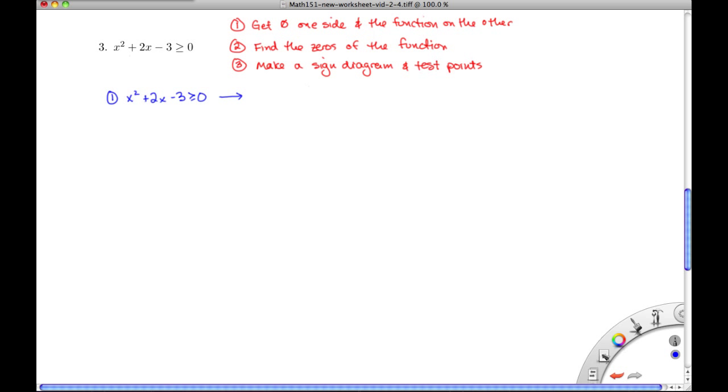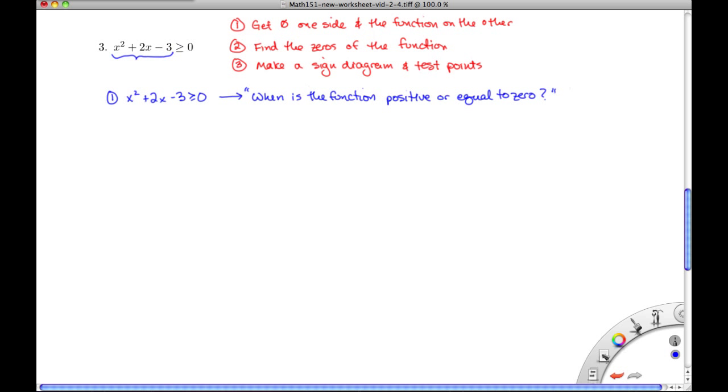We've got this function, x squared plus 2x minus 3, and what we're trying to find out is, when is this function, to translate this notation, greater than or equal to 0? So when is this function positive or equal to 0? This is really the question that we should be asking ourselves as we go through this. When is this function that we've isolated going to be positive or equal to 0?